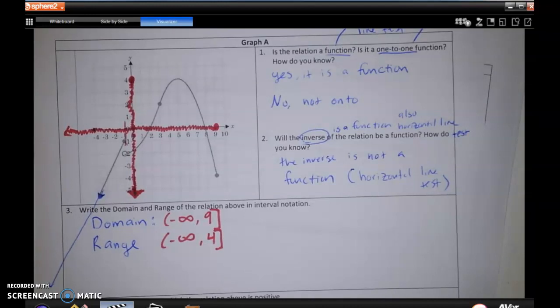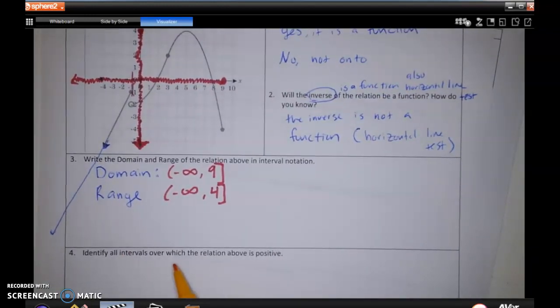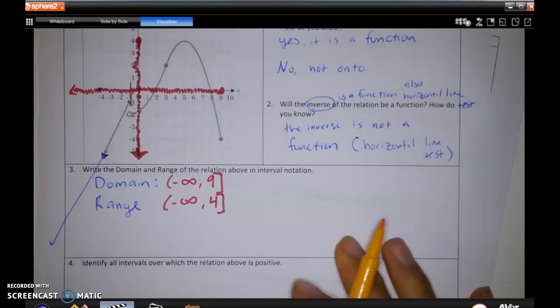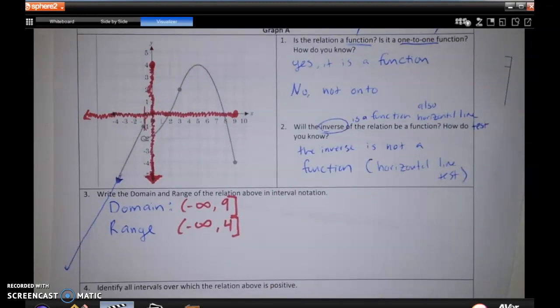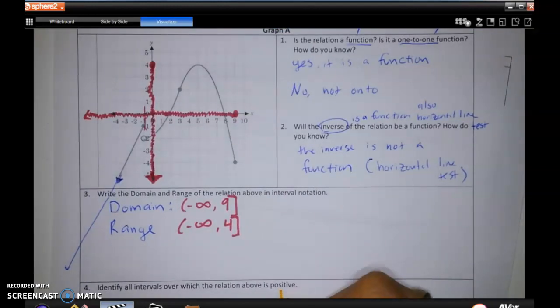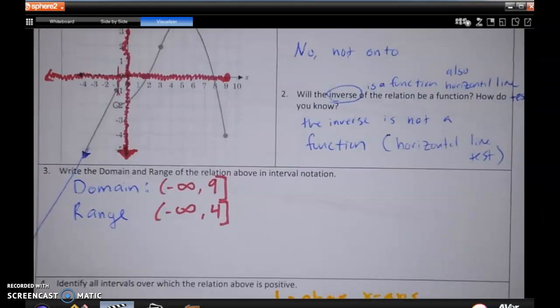So now that we're checking this out, the next question says identify intervals over which the relation is positive. Though we didn't really go into depth on what it means for a relation to be positive, when a relationship is positive, it means it's above the x-axis. Which makes sense because that's when its outputs are positive.